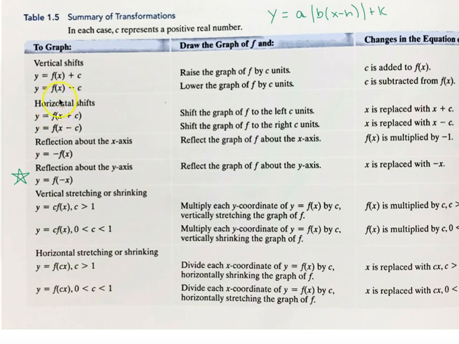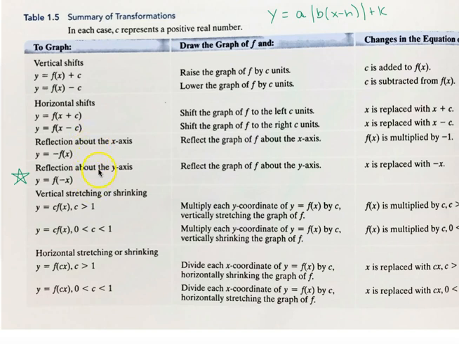They are saying, okay, if the C is on the outside, which would be like the K value, those are my vertical shifts. When the C value is on the inside, so in this case, inside the absolute value, and it's added or subtracted, that's a horizontal shift.